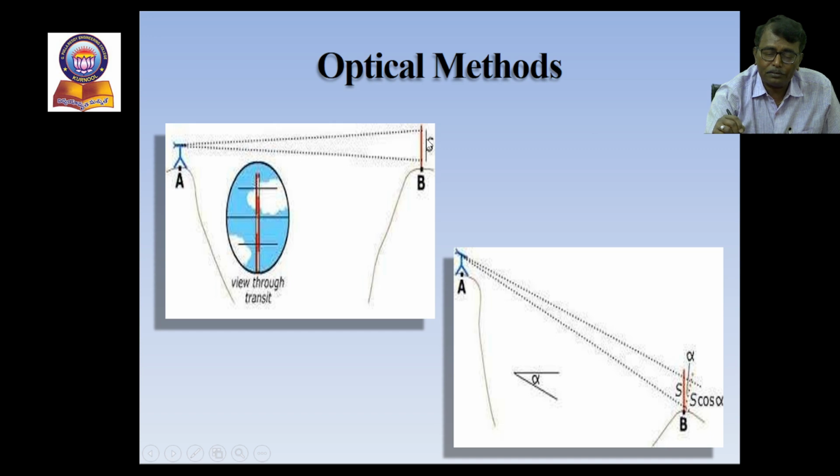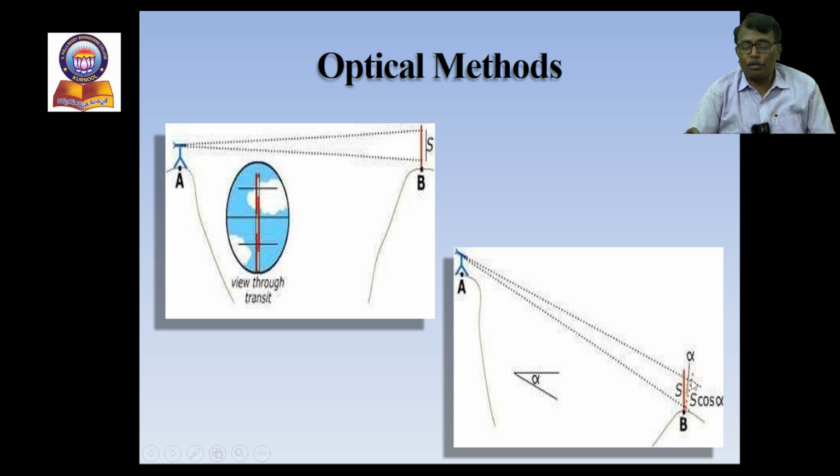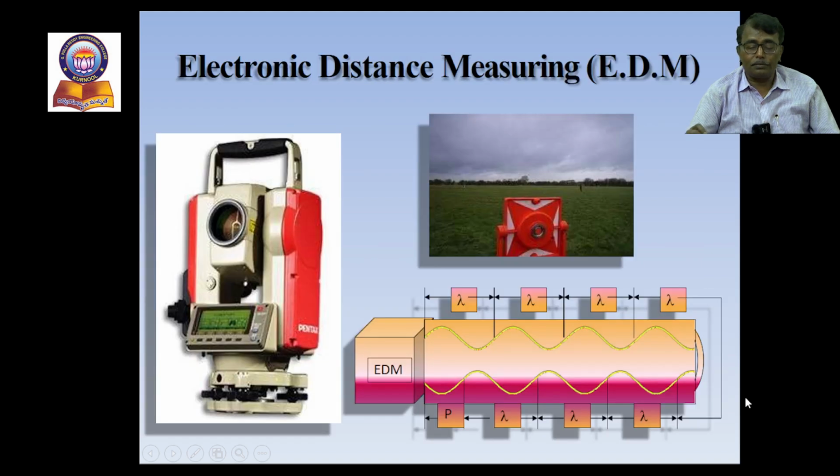The staff is kept over station B from the optical instrument at station A. Multiplying this S value with a constant given with the instrument, we find the horizontal distance. If the line of sight is inclined, then we have to use trigonometrical functions along with the S value so that you can easily compute the distance.